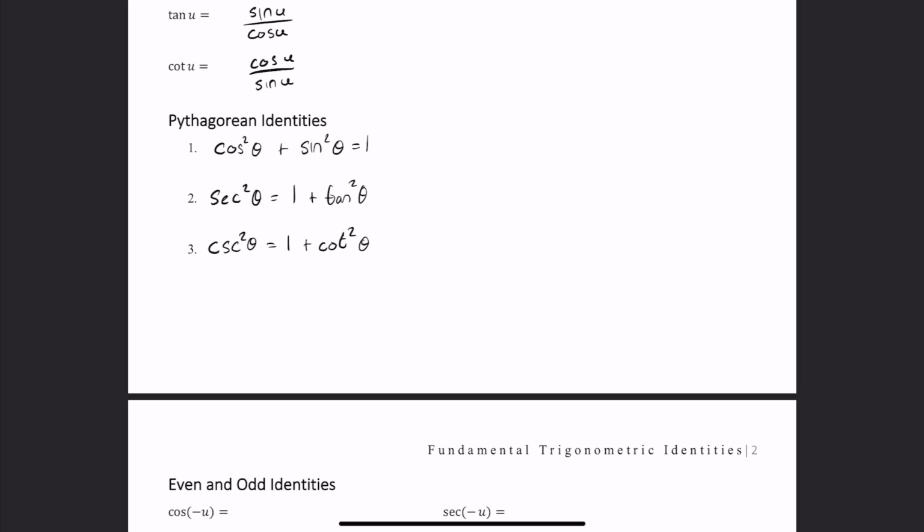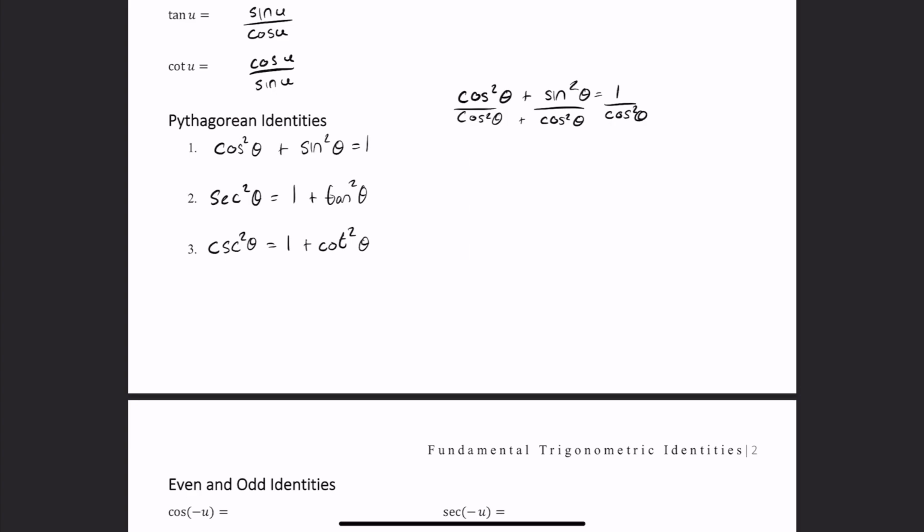So for example, let's start with the second one. If we have cosine squared theta plus sine squared theta equals 1, you can divide everything by cosine squared. This works like any other equation: if you do something to one side, you must do it to the other side. So here we're dividing everything by cosine squared theta.